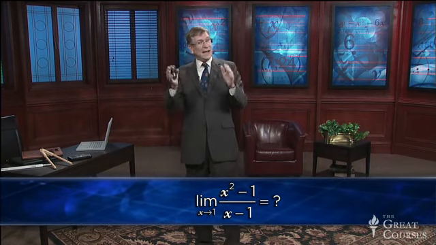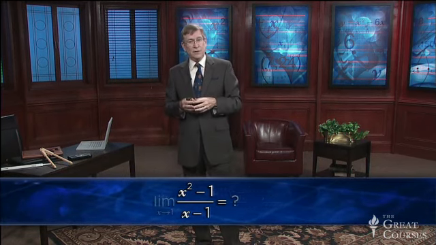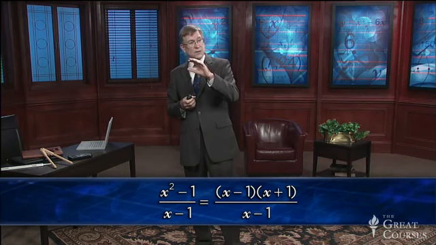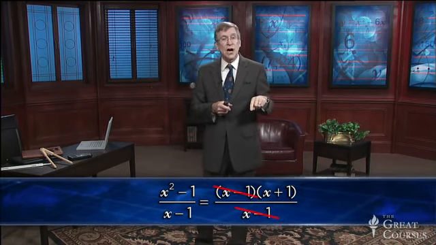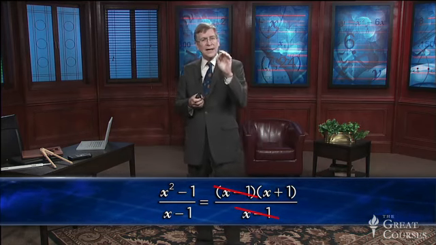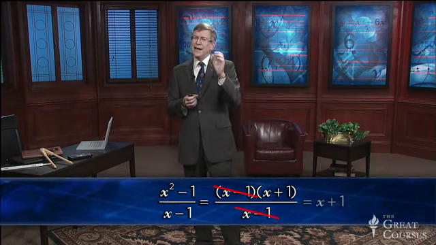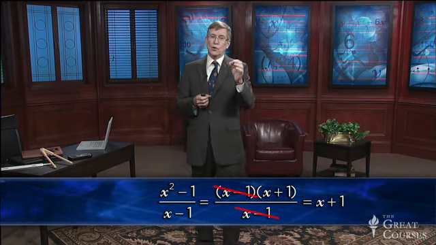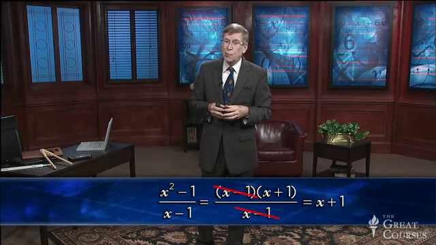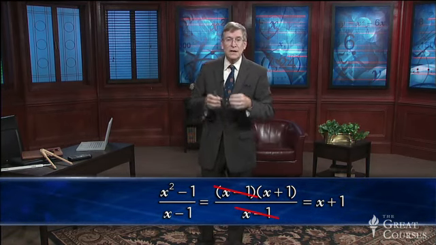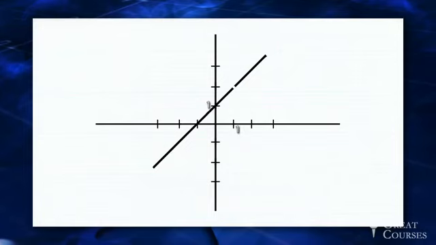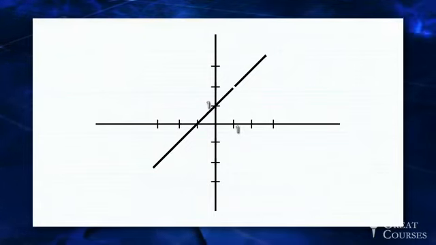And the way you can analyze that is you can factor the numerator into (x minus 1) times (x plus 1), all divided by (x minus 1), cancel out the common factor x minus 1, and our function equals now x plus 1, except of course we have to remove the point x equals 1. This is a line with a hole in it. It's the line x plus 1 with a hole when x is 1.